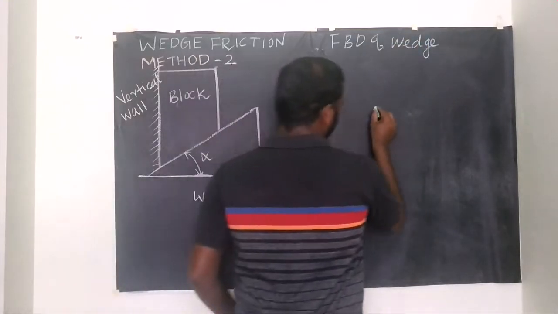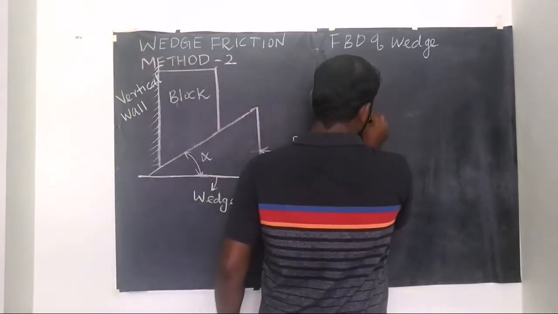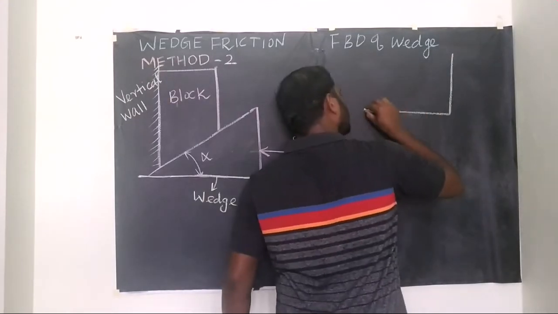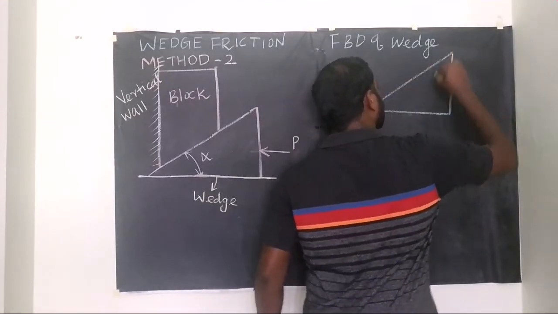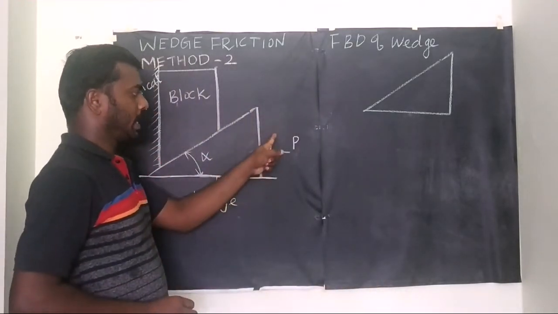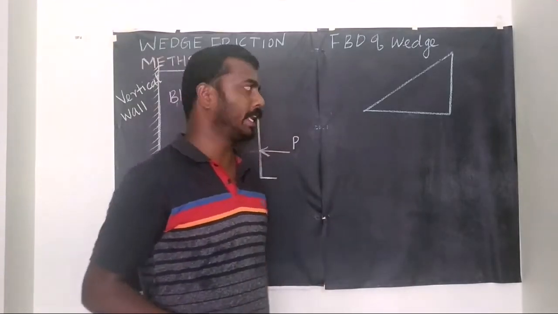This is my wedge. It has a triangular cross section. This wedge is subjected to one external push P, which should be shown on the free body diagram.